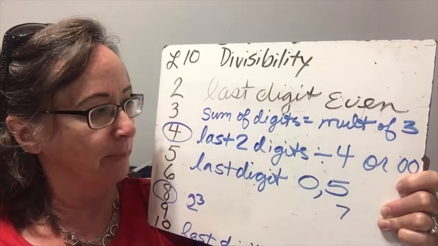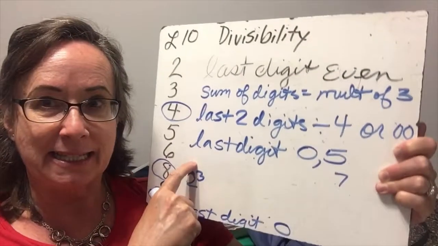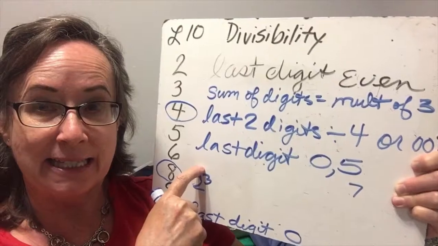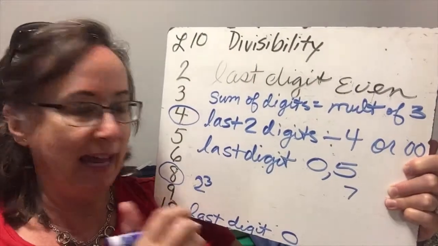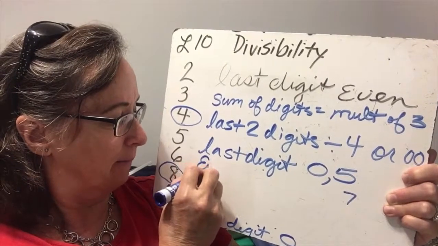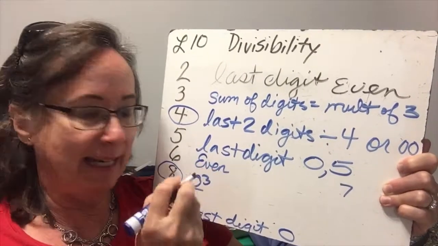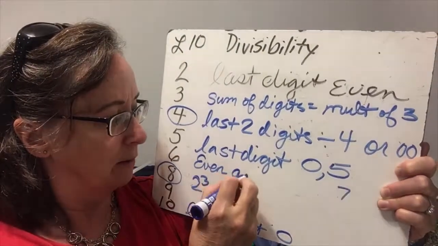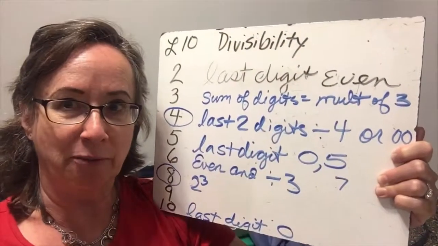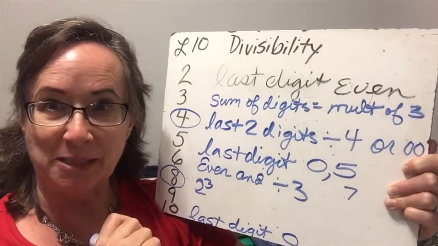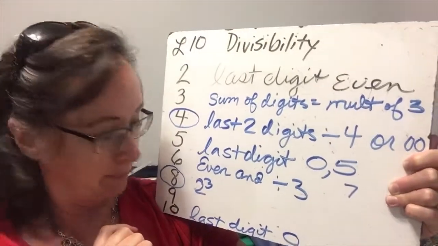Really a cool rule. Okay, now let's look at 6. Okay, 6 is 3 times 2. So if I have an even number that is also divisible by 3, in other words, it just follows the 3 rule, then it will be divisible by 6. So that's really cool.